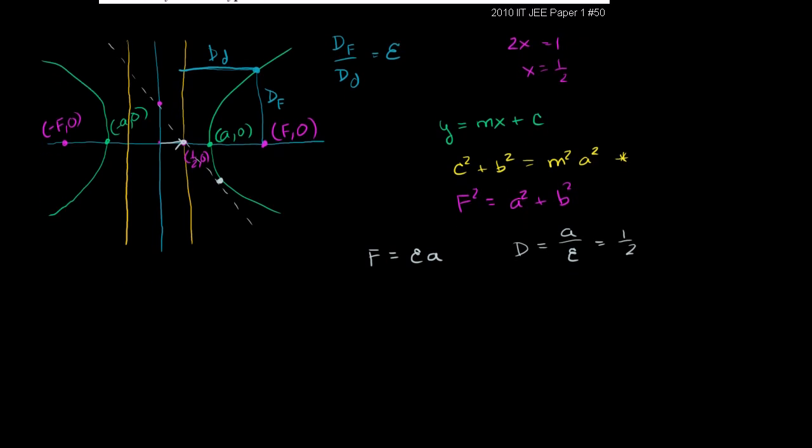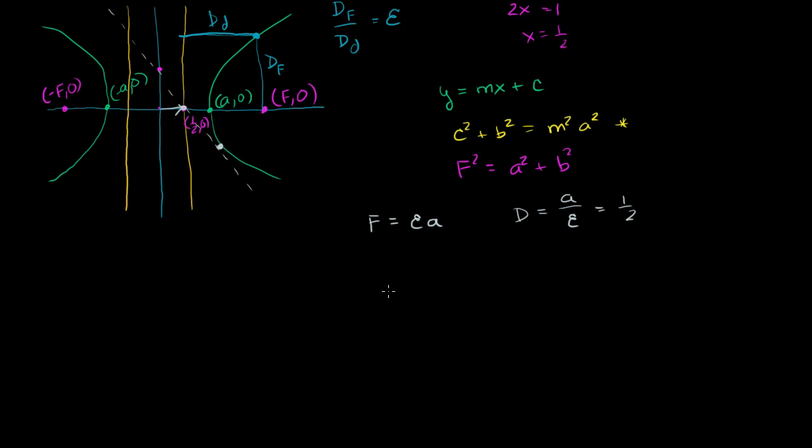And here, it should hopefully just be a bunch of algebraic manipulation. I really just want to get rid of as many variables as possible and then solve for e. So the first thing I can do is substitute for f in this equation right over here. And then I have an expression in terms of e, a, and b.